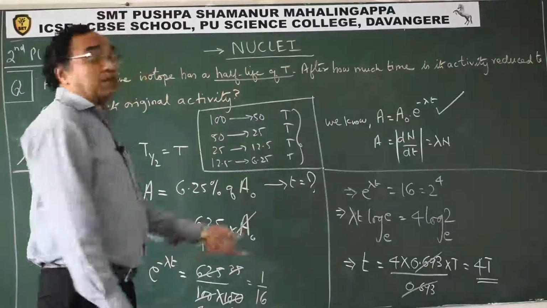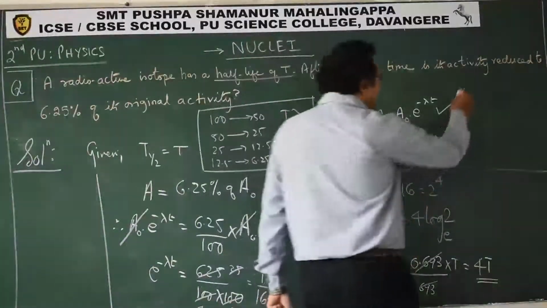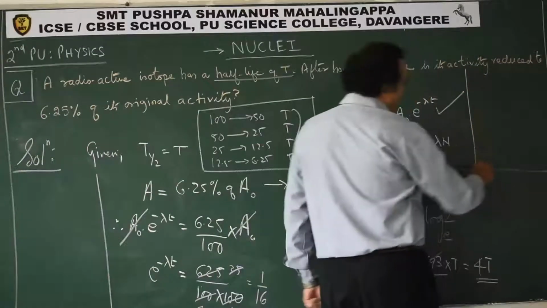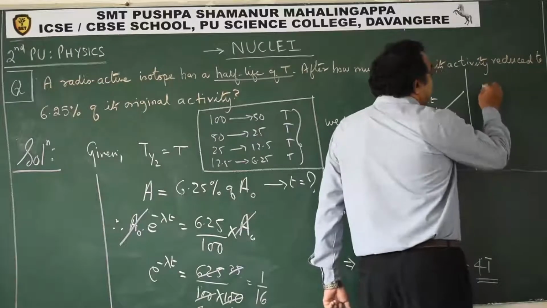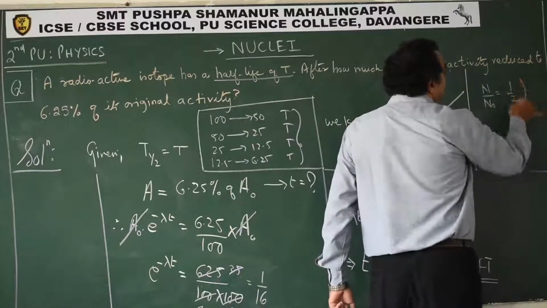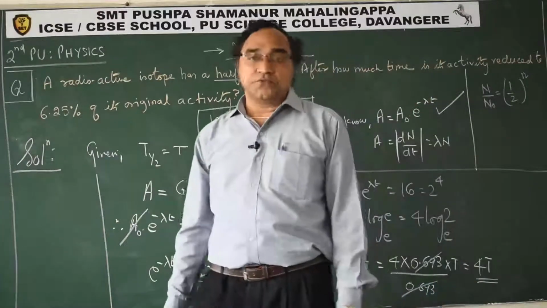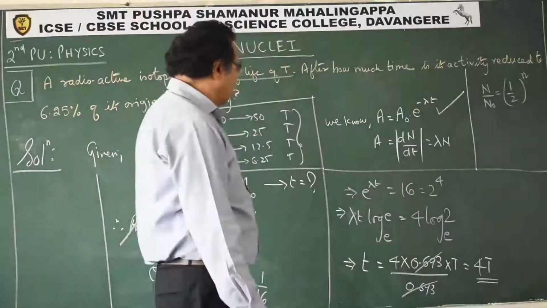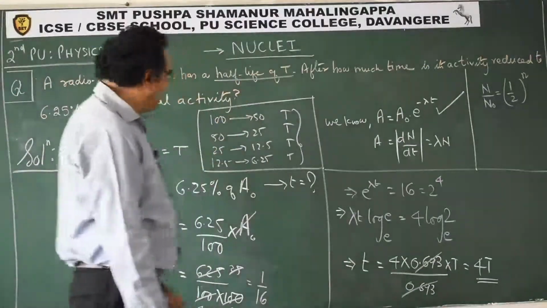Got it? The other way that you can do is, see, many methods are there. N by N naught is 1 by 2 power n. This method also you can use. Here, or you can write A by A naught, it makes no difference.